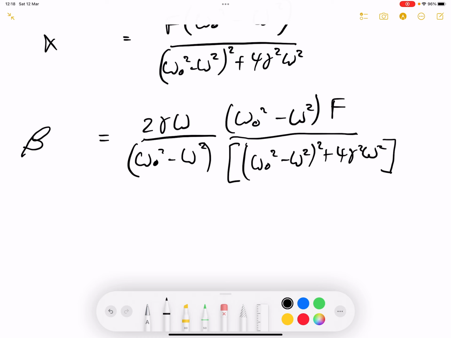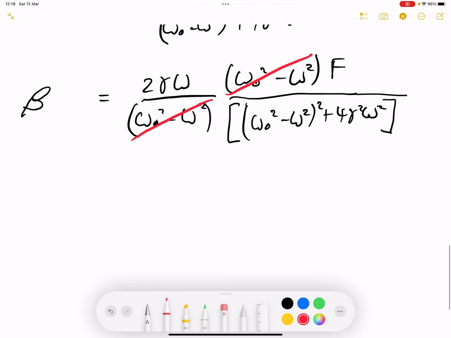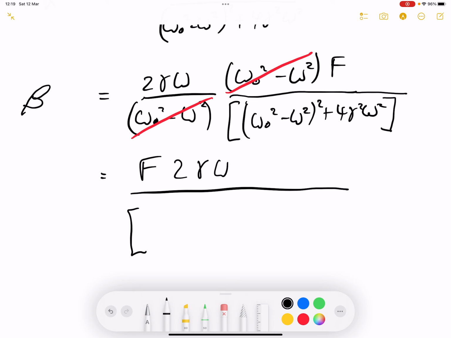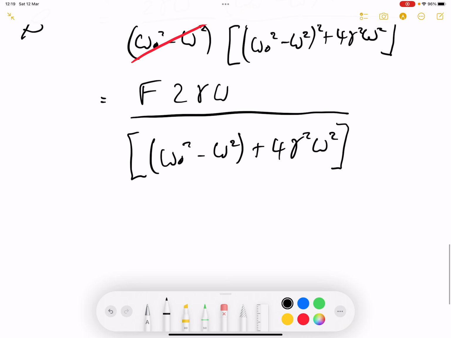Anyway, big cancel here. Let's do that. Wham! Oh, that was satisfying, wasn't it? Okay. And that is going to be equal to F times 2 gamma omega over omega naught squared minus omega squared, all squared, plus 4 gamma squared omega squared. That is what beta is.